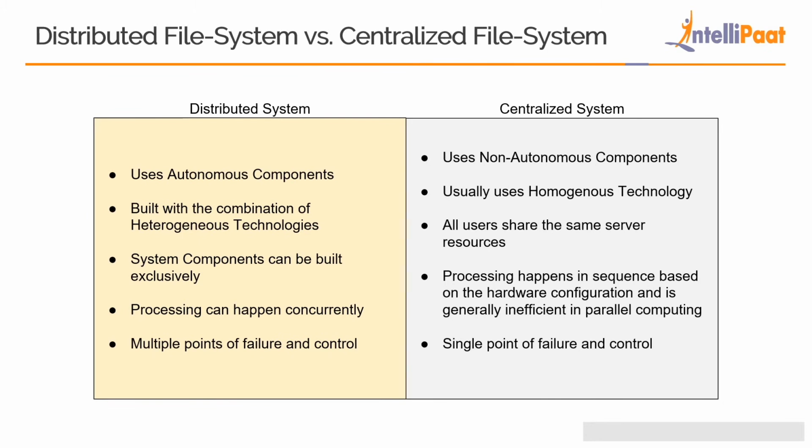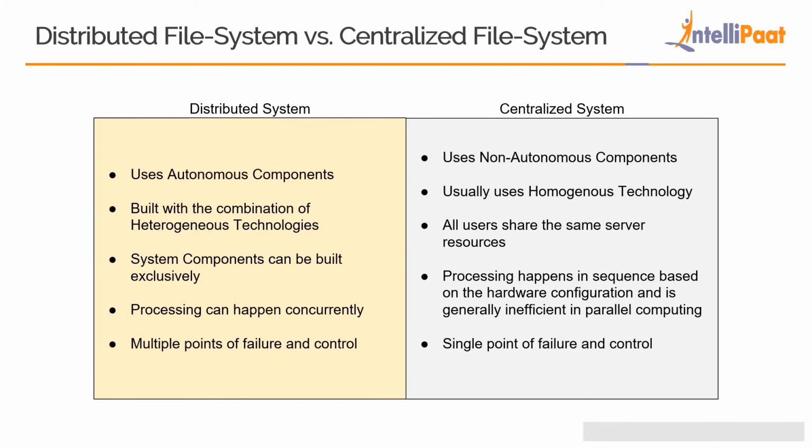The distributed file system can be built with heterogeneous technologies. Say one particular file system could be a Linux file system and the other could be a Windows-based operating system file system. Those are heterogeneous technologies, while a centralized file system obviously uses only one technology. The system components can be built exclusively.